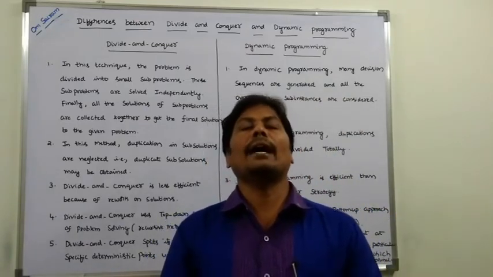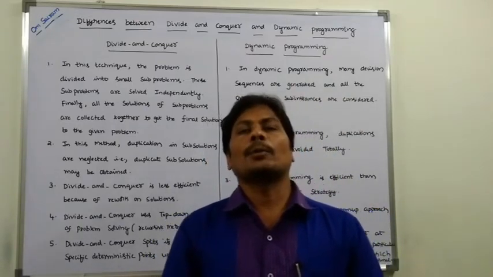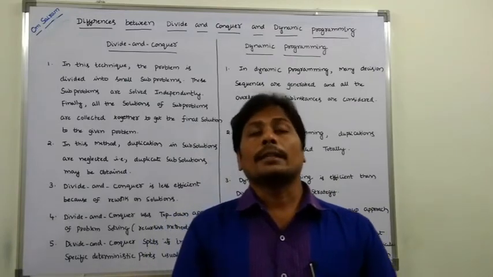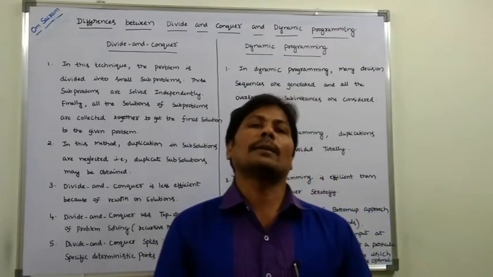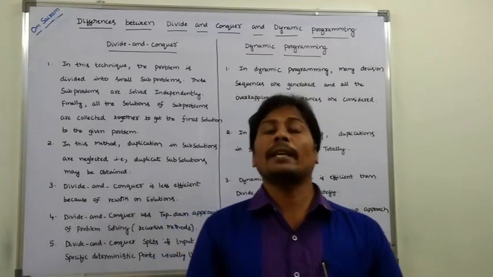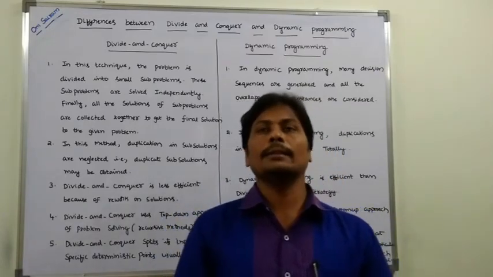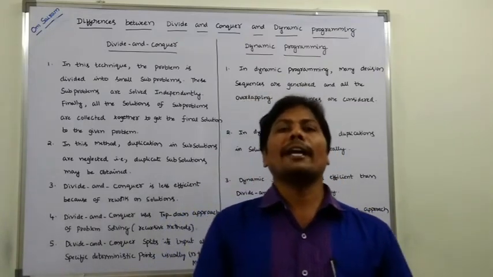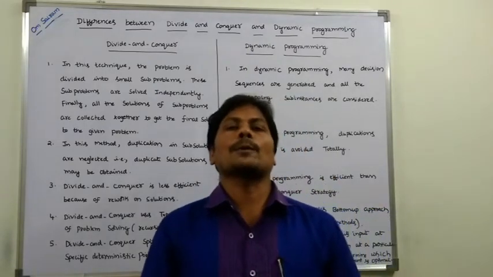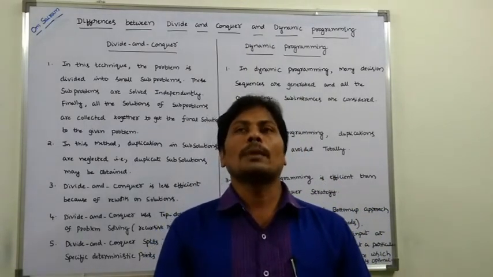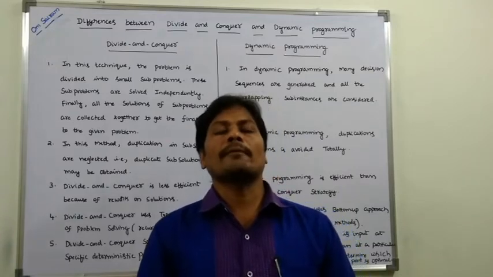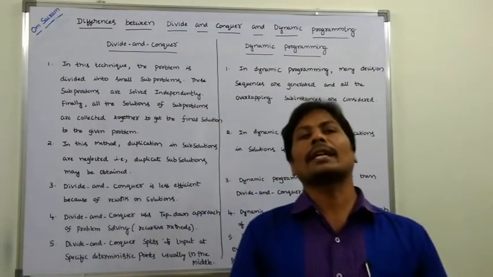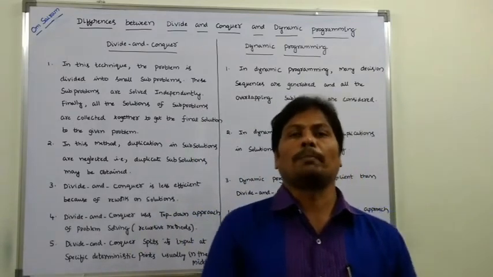Divide and conquer is one of the easiest algorithm design techniques. It is very useful to understand. Suppose we take a problem. If the problem is very small, then we can directly solve it.